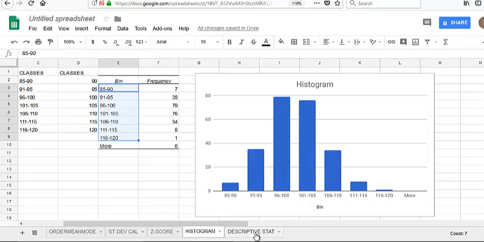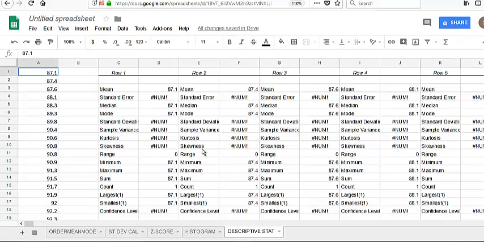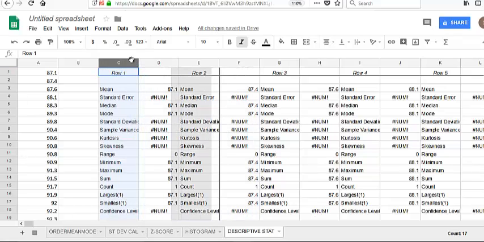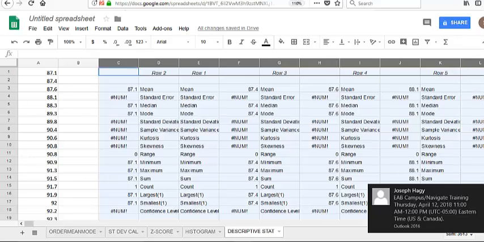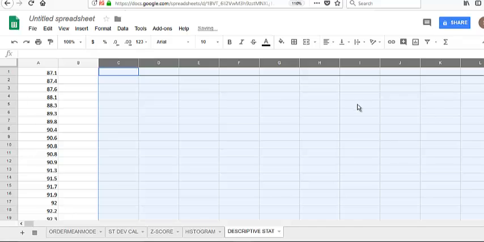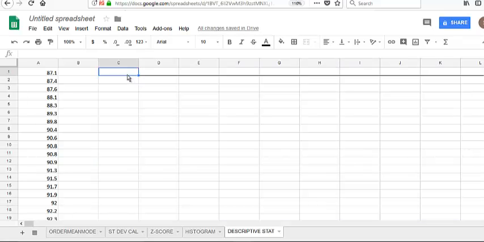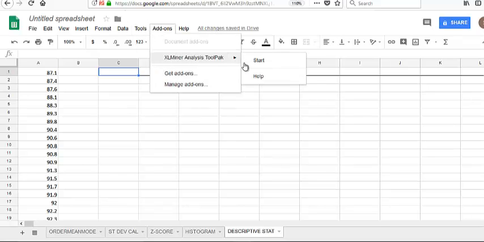The problem you had was this descriptive statistics. And yeah, you got all that mess. Okay, so what I was going to do first was just delete all you did. We'll start fresh again. So to do the descriptive statistics, you go to Tools, Add-ons, sorry, Start.